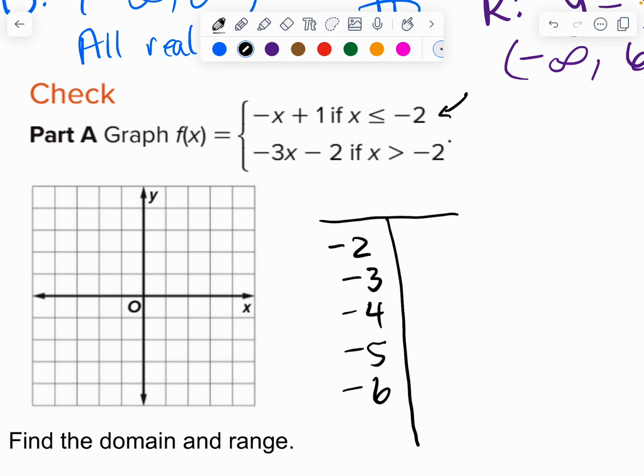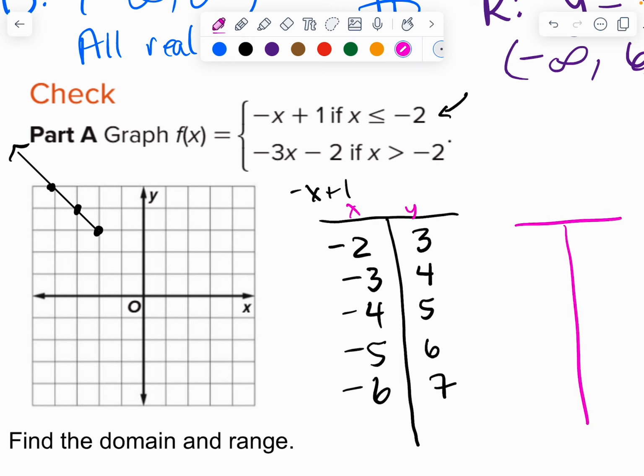So I'm going to plug in. So that's going to be 3, it's going to be 4, 5, 6, 7. So negative 2, 3. Negative 3, 4. And it's going to go like, voila.